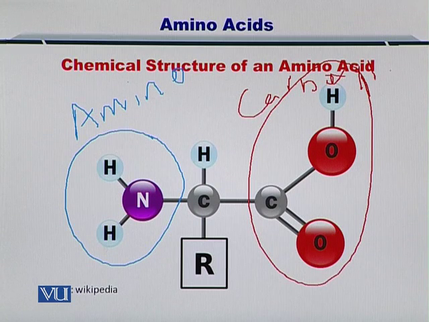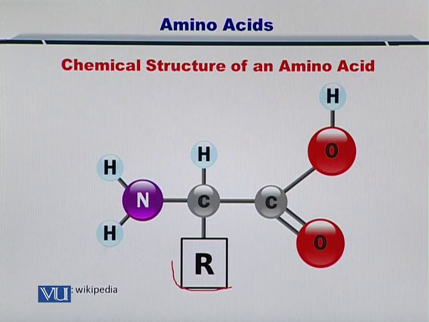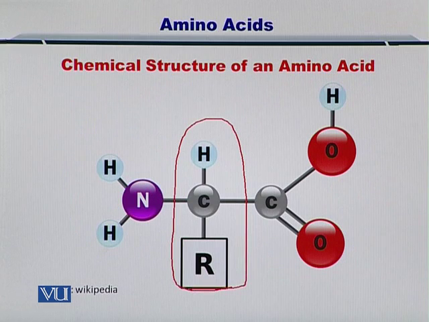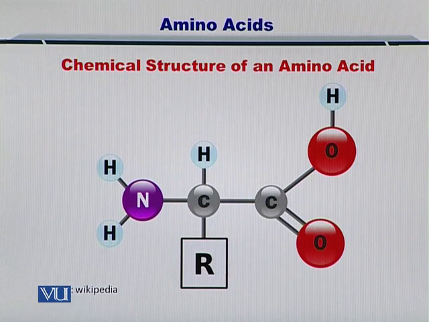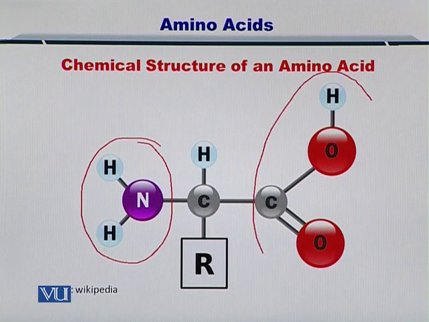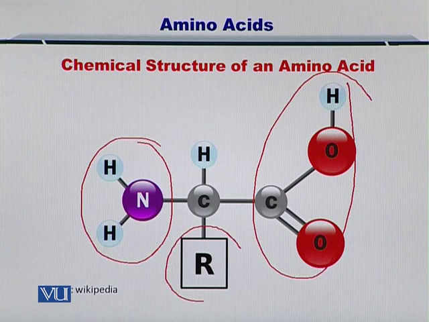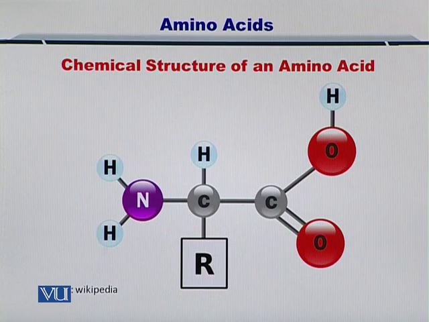So this is the C term in short, and this is the N term in short. All amino acids are differing here at what is called the R group. So basically, all amino acids have an N term, they have a C term, and they have an R group in which they are different. So this is how the amino acids are organized in their structure.